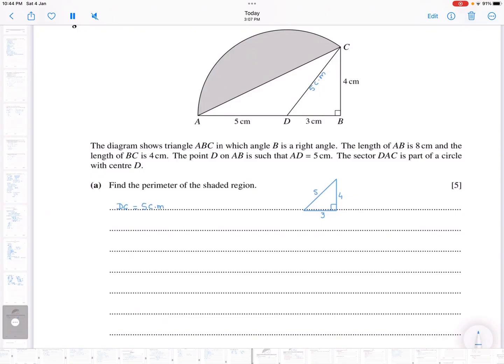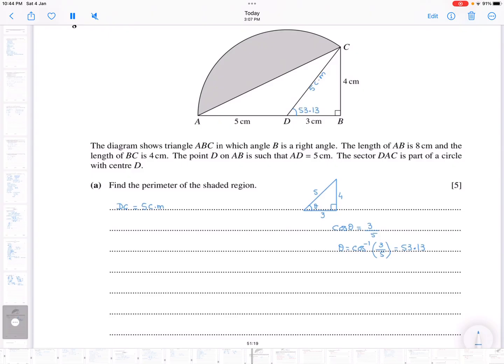So now try to find the angle BDC. So you can use any basic trigonometrical ratio, either sine, cos or tan. So I use cos here, base over hypotenuse. So cos theta equals base over hypotenuse, and theta is cos inverse of 3 over 5, which is 53.13.